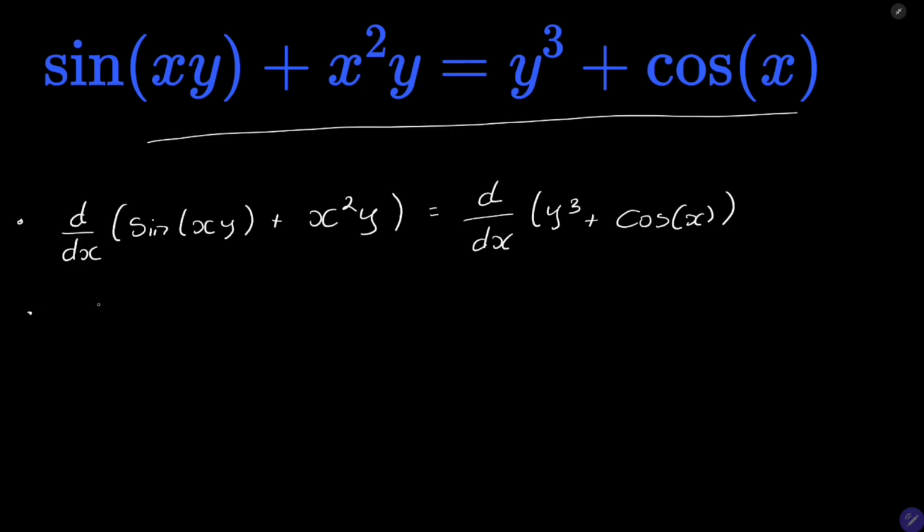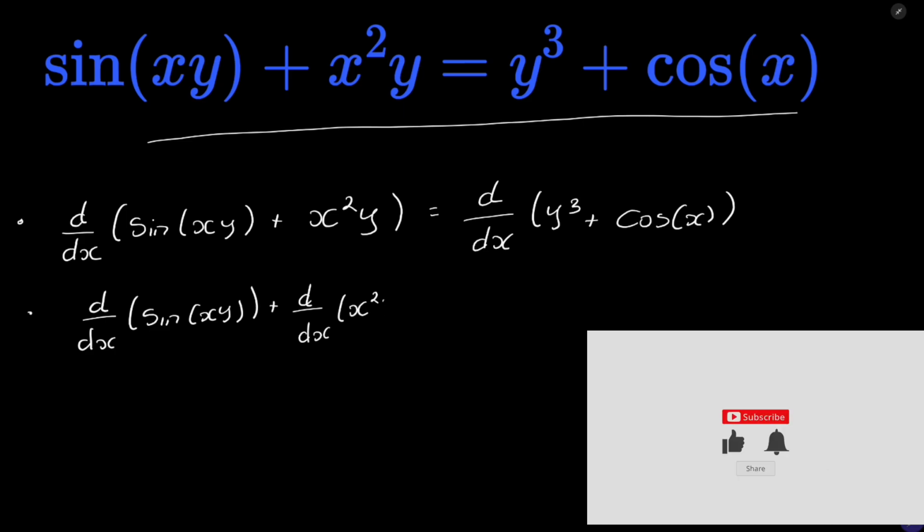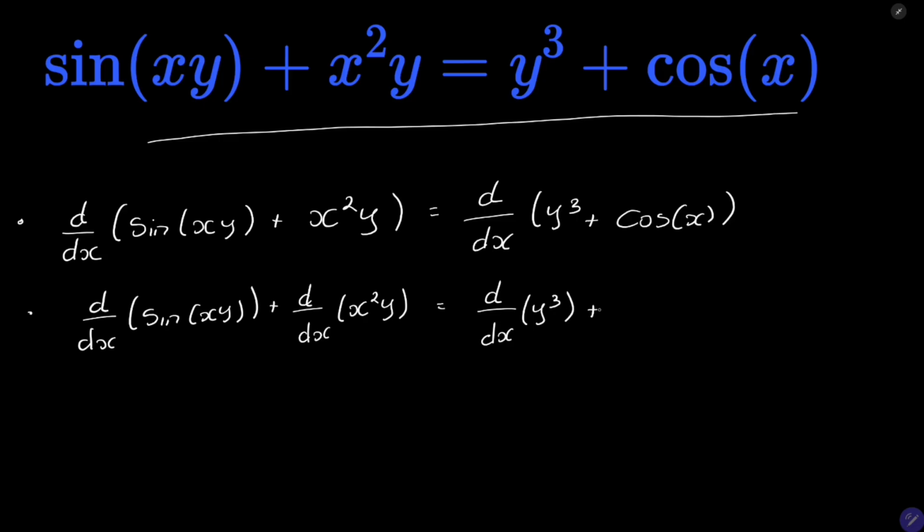So opening the bracket, we have d/dx of sin(xy) plus d/dx of x²y equal to d/dx of y³ plus d/dx of cos x.